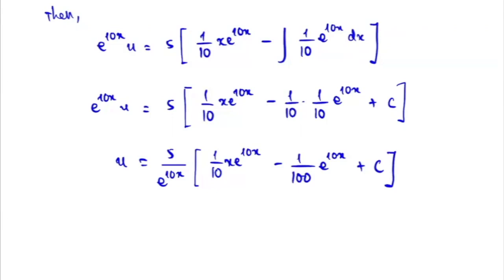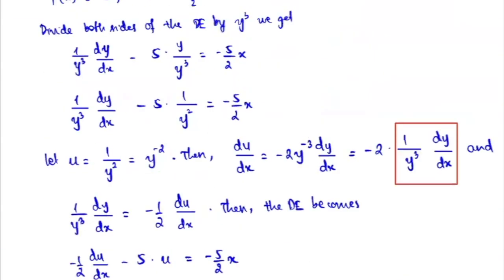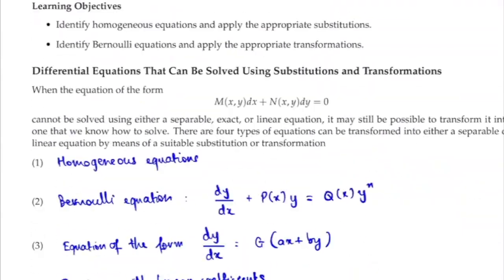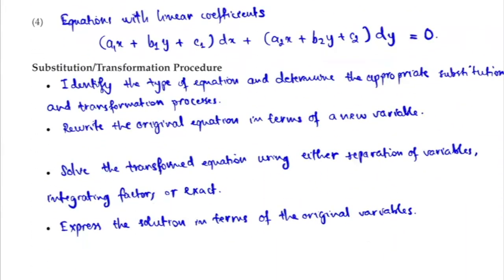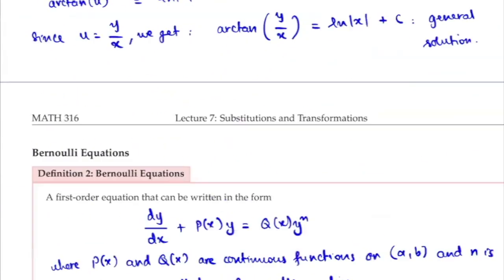Now what is u, right? So we move to the last step of the process, which is to express the solutions in terms of the original variables.